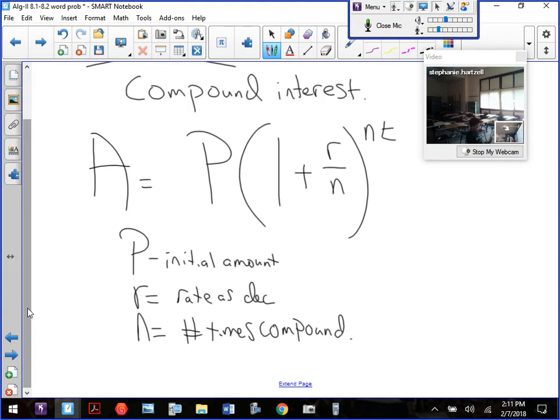Number of times compounded, yep. And that's what happens here. I'm going to show you what happens with it. It's super, super easy to do. And then T, again, is going to be time in years. It's generally in years.